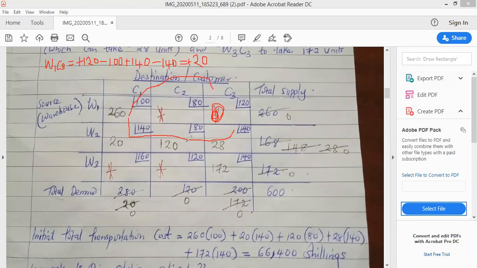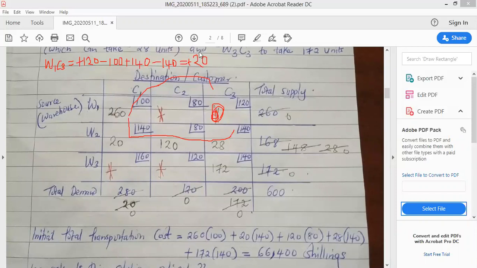Assuming this particular cell had something, but this was empty, I would not have used that stone. I would have stepped on it and moved to the next stone, assuming here we had some allocation, and then I'll still be making a full rotation as I compute that shadow price.